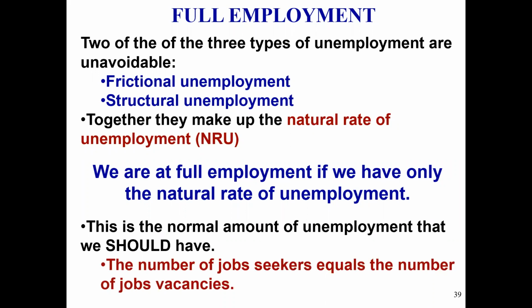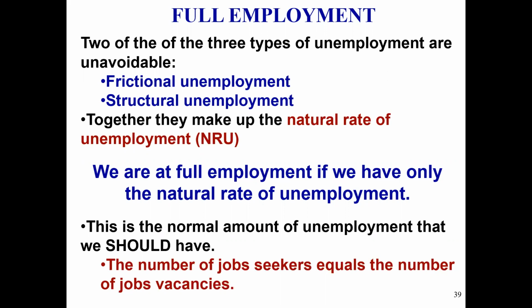Okay, they love to ask questions like that. They love to try to trip you up. Just remember, full employment, you're going to have some frictional, some structural. United States, usually about 4%, but no cyclical. And that's also the natural rate of unemployment.